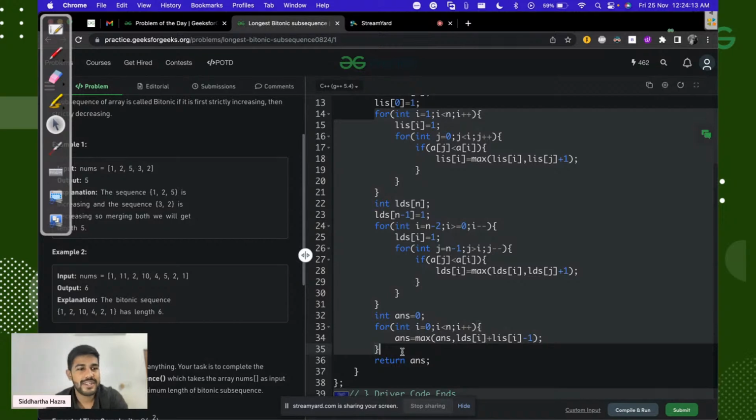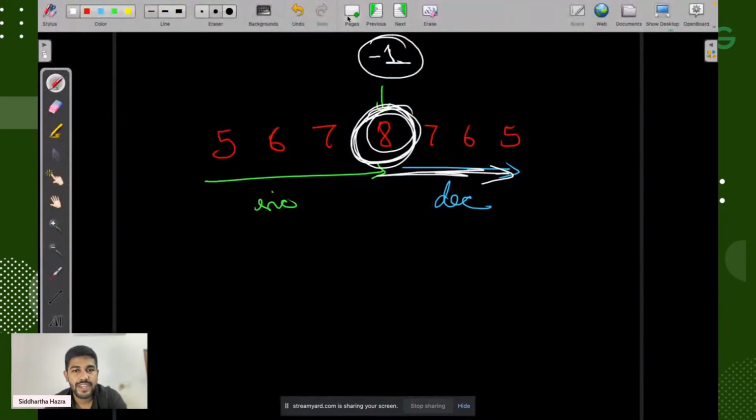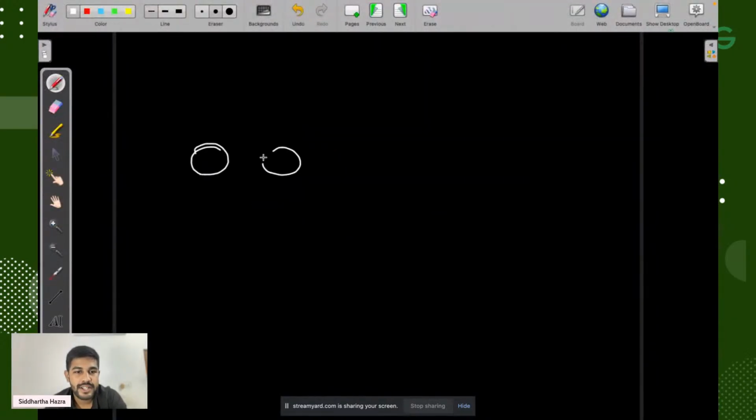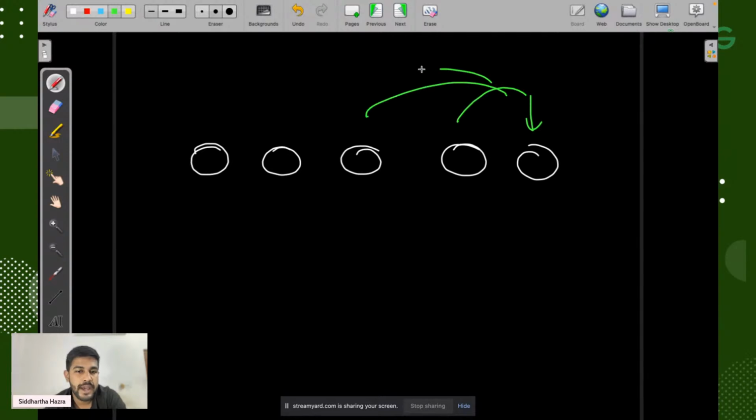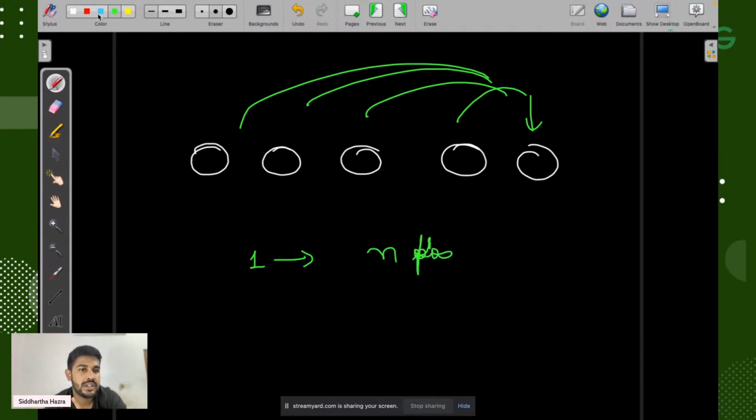Suppose there are different elements. We are sitting at a current element and looking back at all the previous elements. So for checking one position, we are checking another position.